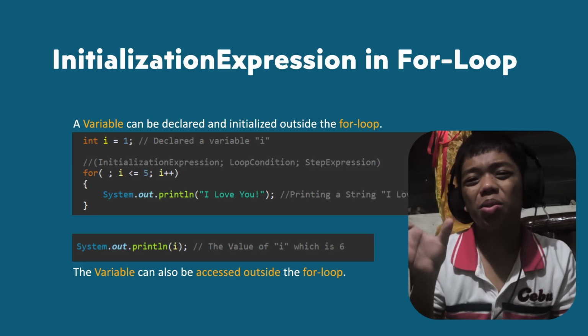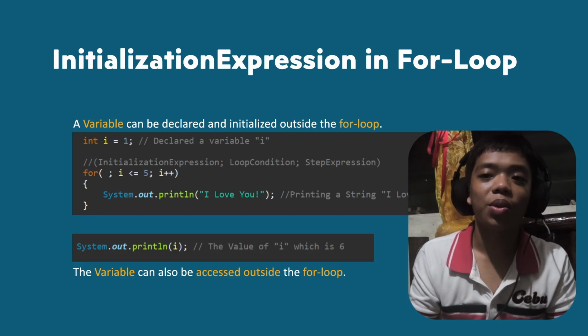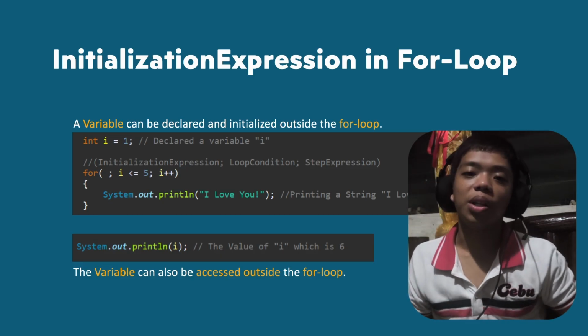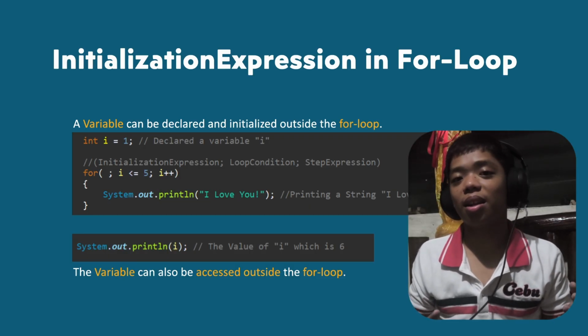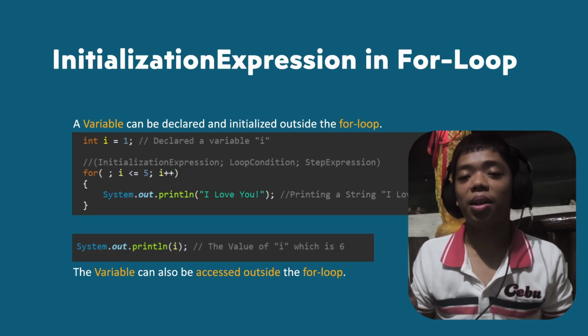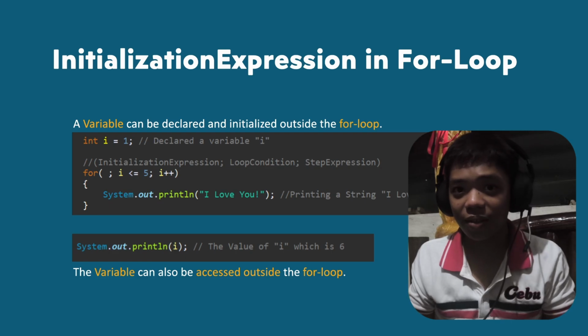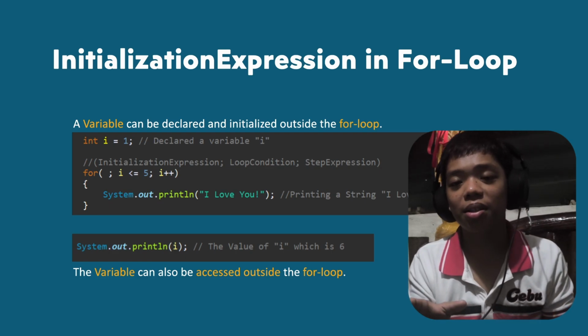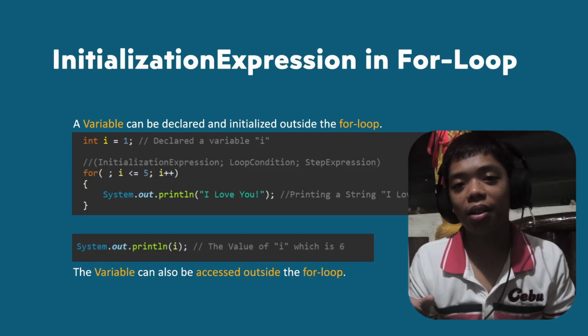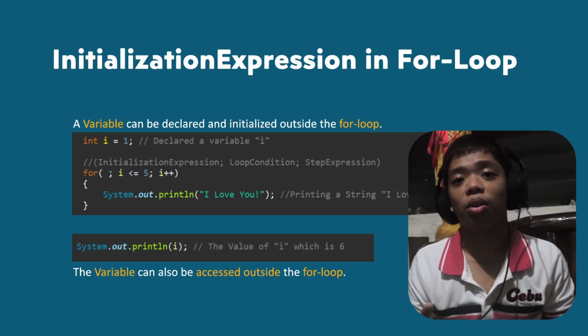This is also the same as the previous initialization expression, where the variable i is declared and initialized, meaning initialized is giving a value to a variable. So that means this variable i can be accessed anywhere in the code.